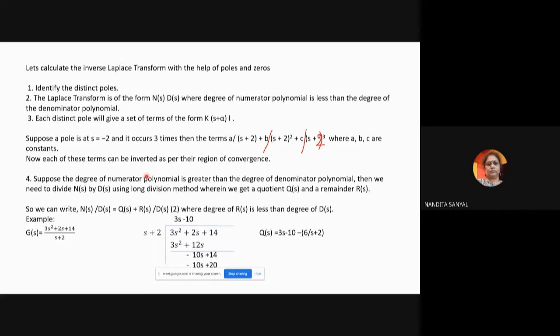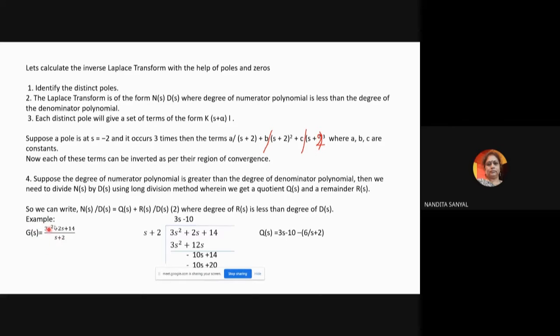Now, suppose the numerator polynomial is greater than the denominator polynomial, so what will happen? We have to divide the numerator polynomial first by the denominator polynomial, and we will get some quotient and some remainder. With an example I can explain.